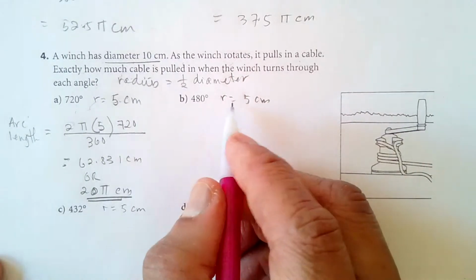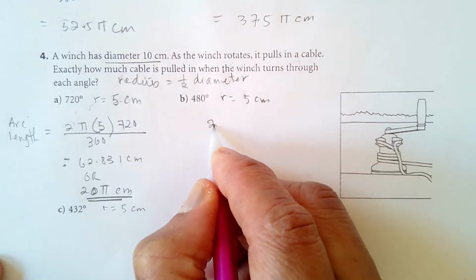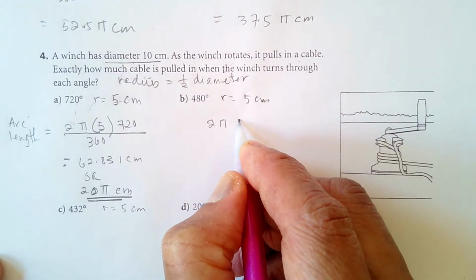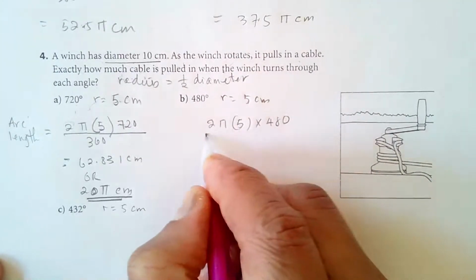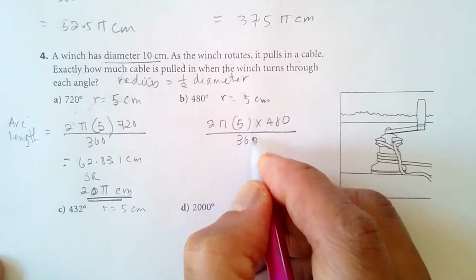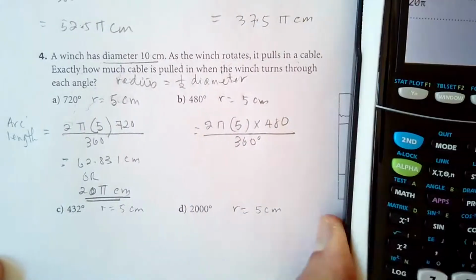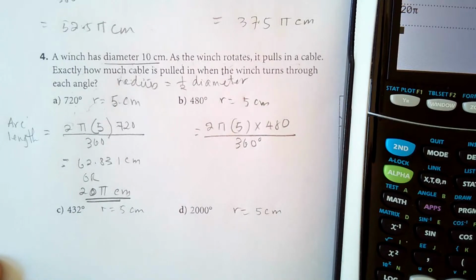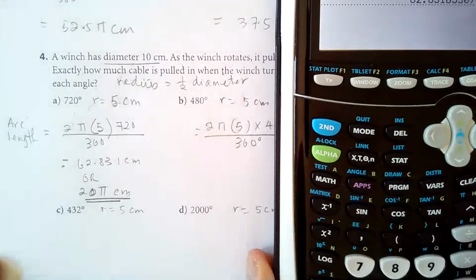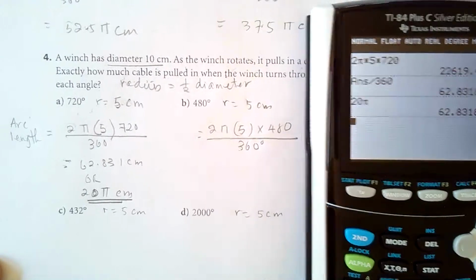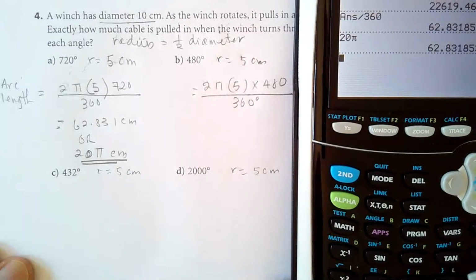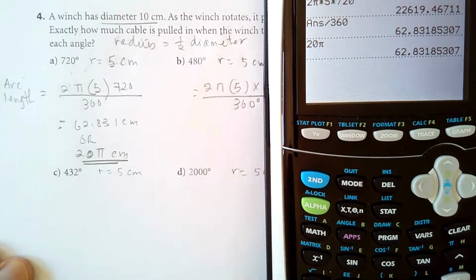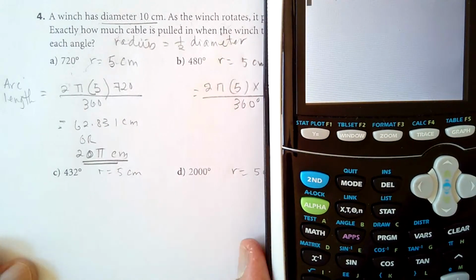Okay, this would be 2 times pi times 5 times 480, all divided by 360 degrees. And that will give us a measurement of... okay, let's work that out here.